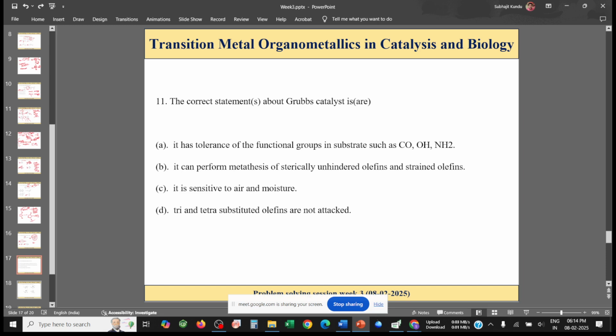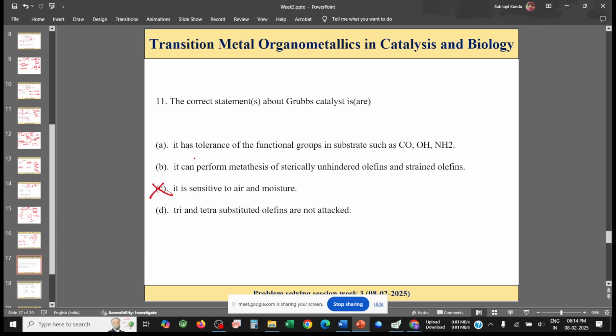So you can cut option C, which says that it is sensitive to air and moisture. All metal carbene complexes are thought to be air and moisture sensitive, but this complex has these advantages. So option C is already cut.